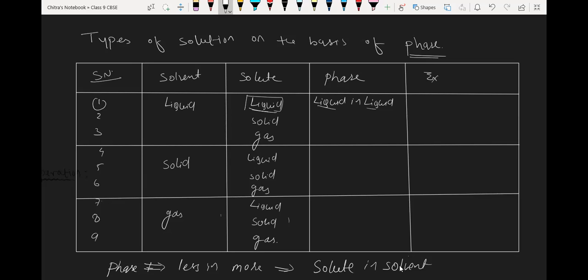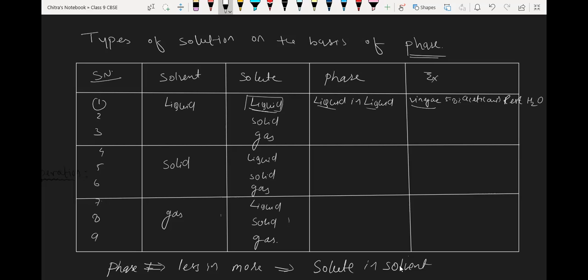So here we have liquid in liquid. The example is vinegar.